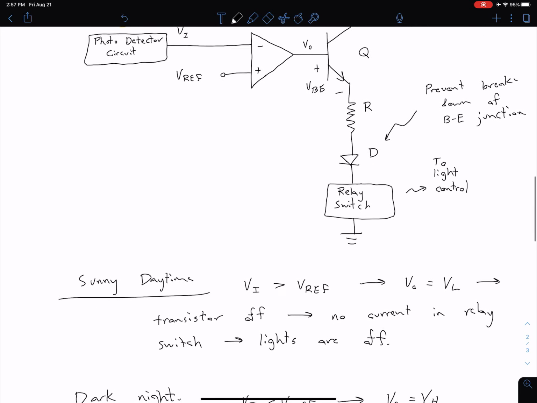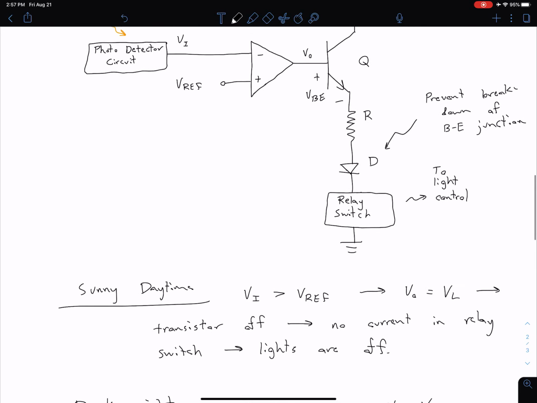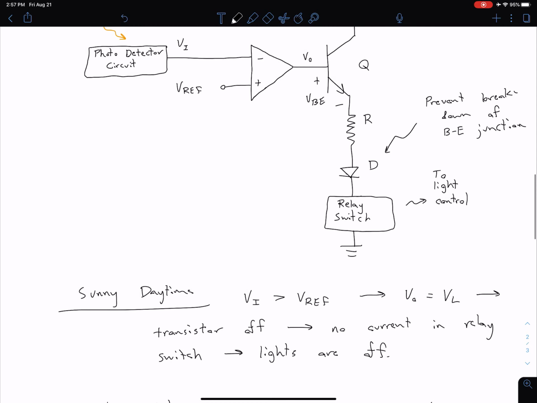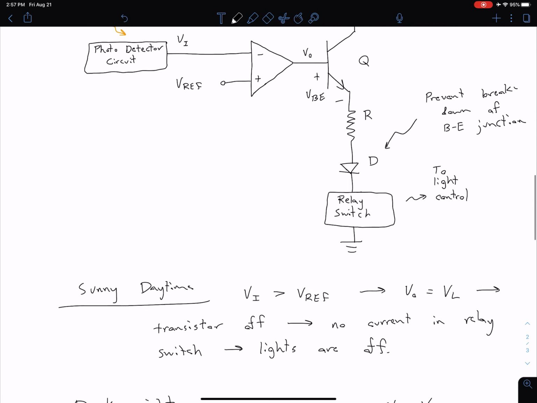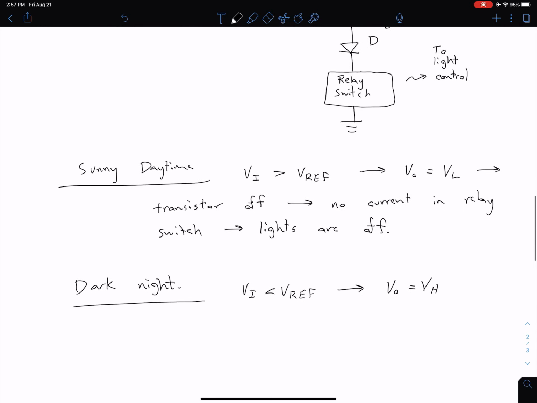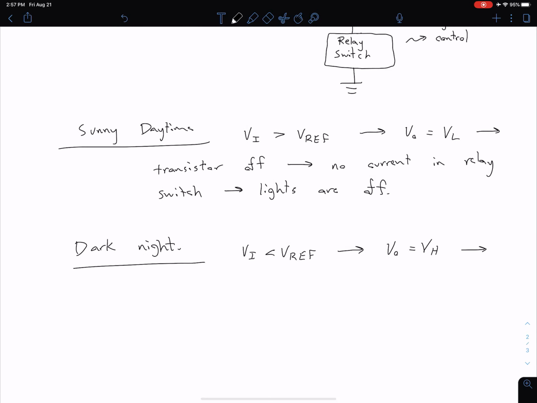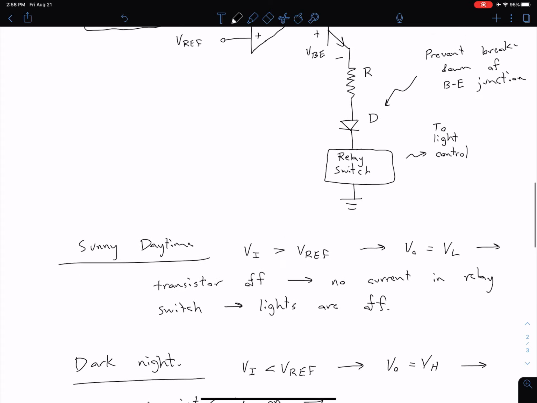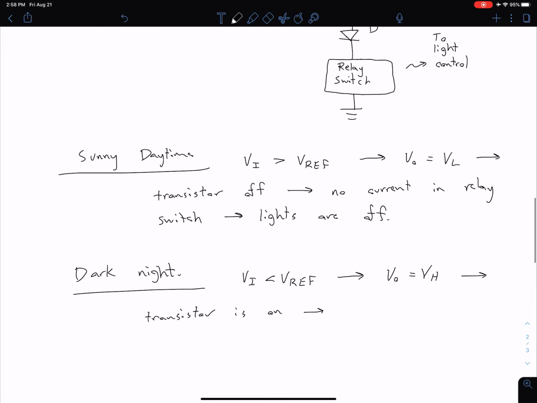So now that we have a high input voltage to the base of our transistor, we're going to have sufficient value to bias our VBE in the forward bias mode, so we turn the transistor on. So now our transistor is on, which means we're allowing current to flow out of the emitter. We're going to have current in our relay switch, and our lights are going to be on.